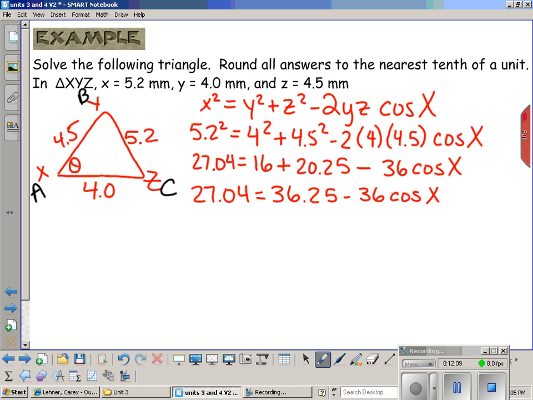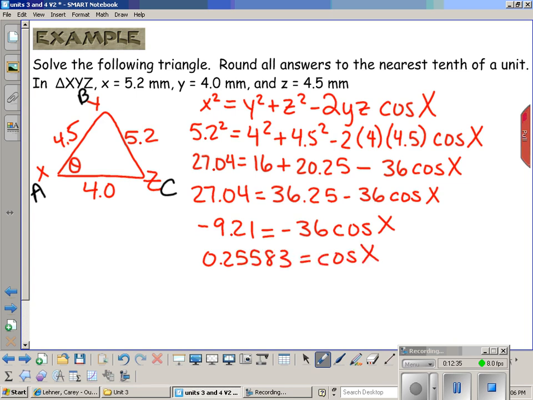So we are going to solve for x. So we need to subtract the 36.25. We'll have negative 9.21 equals negative 36 cos x. So now we divide both sides by 36, and you will have 0.25583.